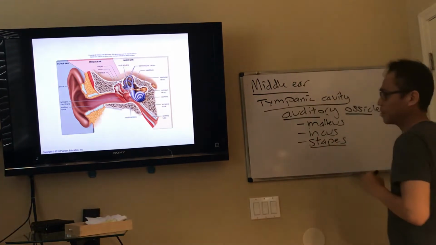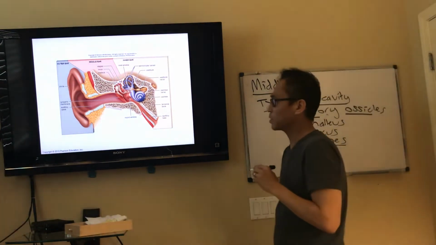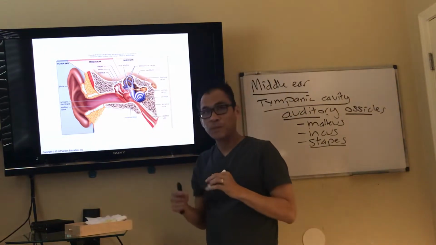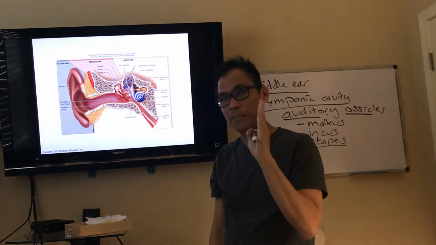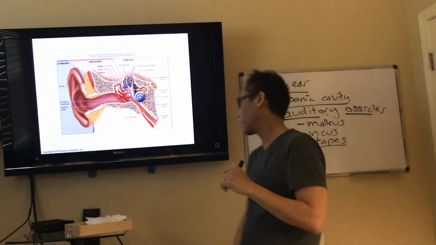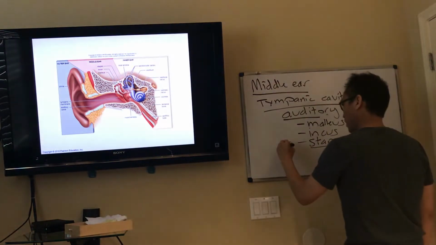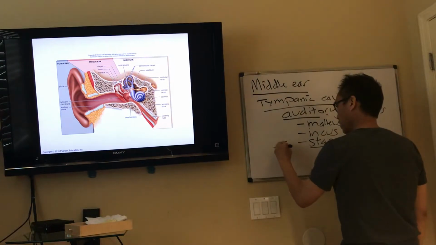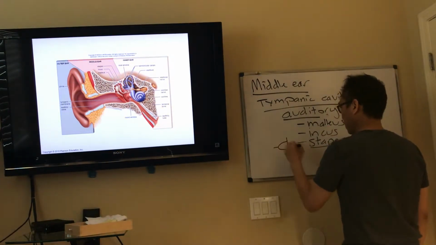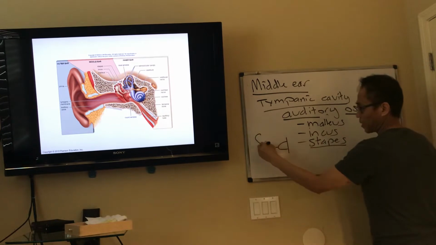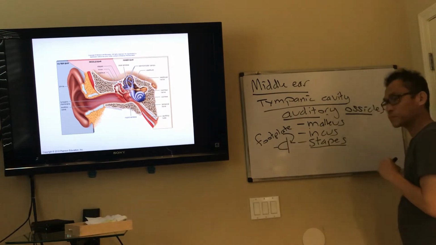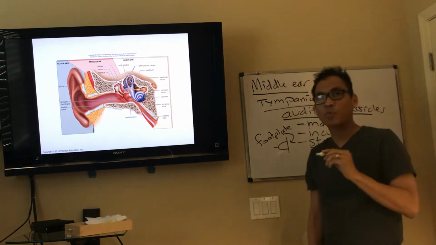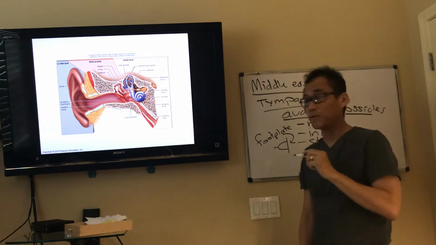And it's stapes that is in communication with the inner ear structure, because the foot plate of stapes pushes against this one window. It's called the oval window. So stapes is shaped like this, and it has a foot plate. The stapes foot plate pushes against the oval window of the inner ear.